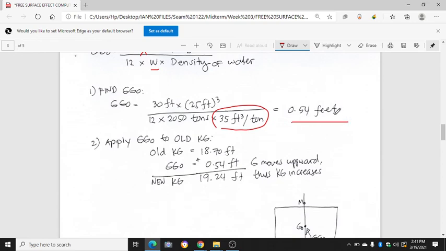So your GG0, the transfer or shift of G, is 0.54 feet because of the slack tank. Apply GG0 to the old KG.